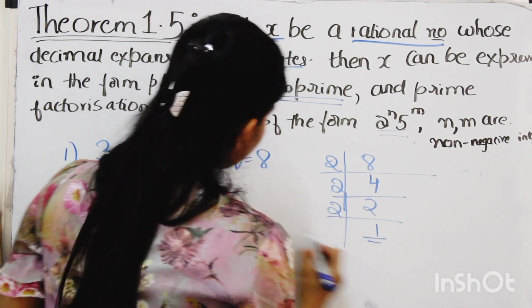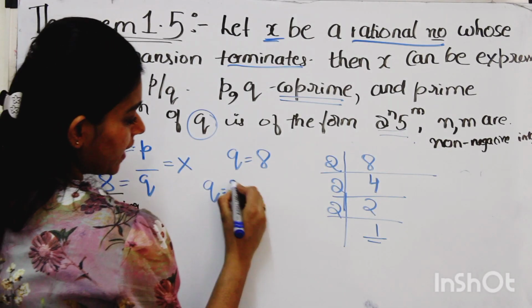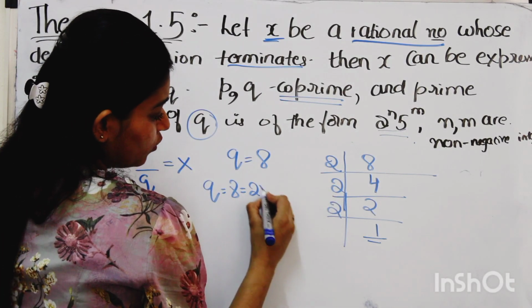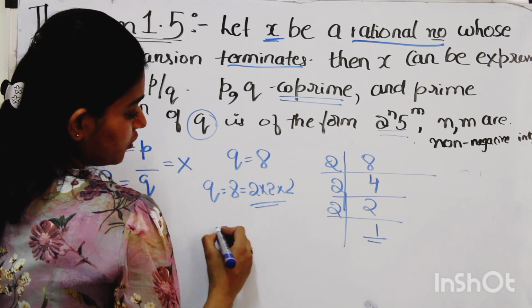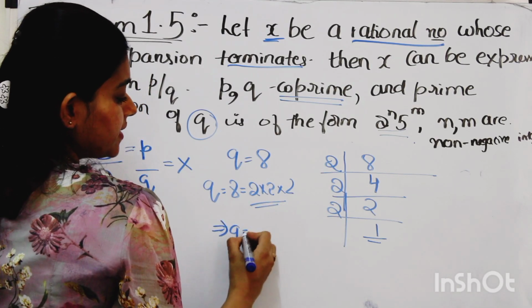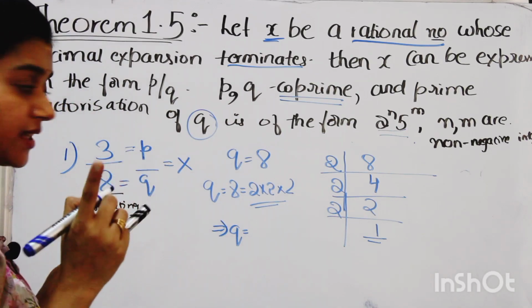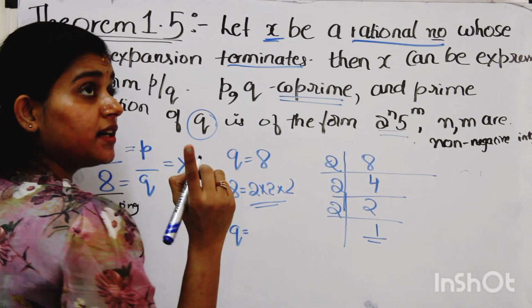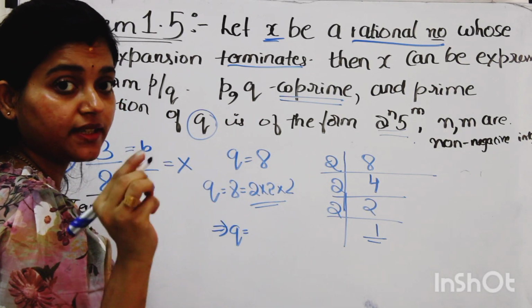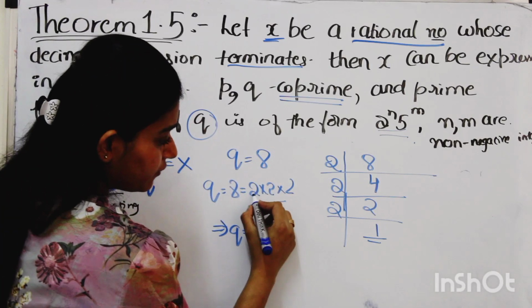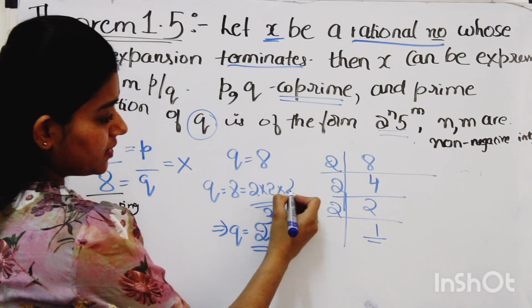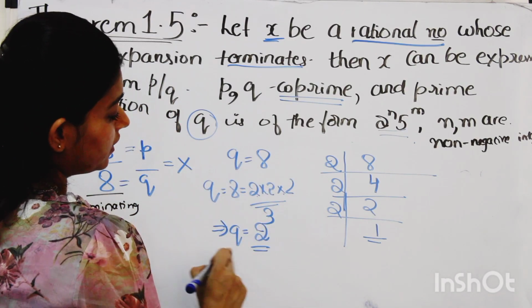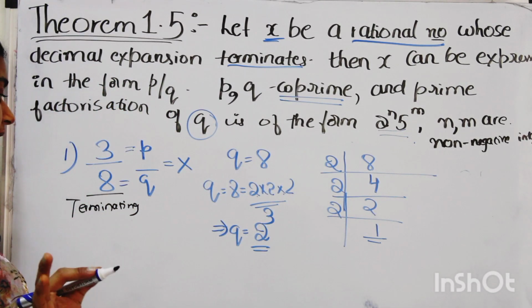So how can you write it? q is equal to 8 can be written as 2 into 2 into 2, correct? As I told you in the fundamental theorem of arithmetic, you can write it as 2 to the power 3, because 2 is repeated 3 times. So q equals 2 cube.